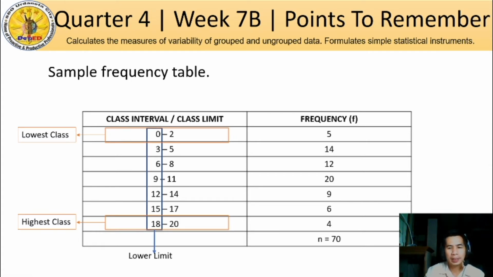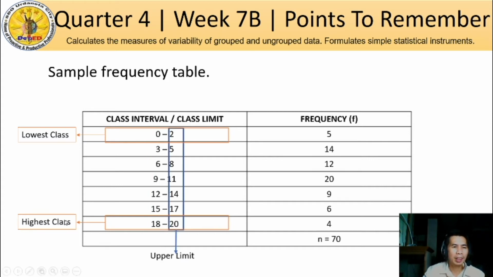Yung nauna is lower limits. Let's say ito yung lower limit of the first class or the lowest class. Yung 20 naman is the highest limit or the upper limit of your highest class. Okay, the upper limit of the highest class.